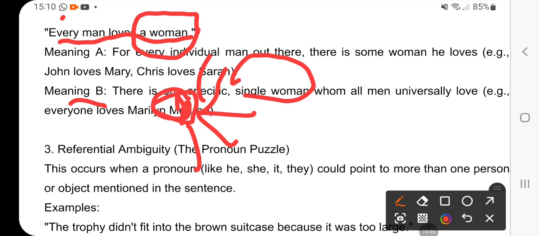all women are separated, are different, right? Each woman is different, means they are in pairs, or each woman is single and each man loves her.